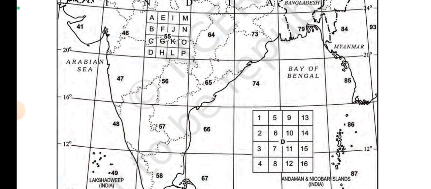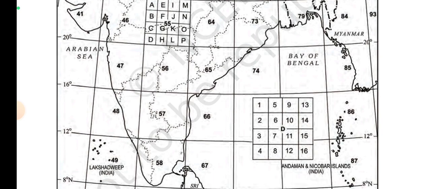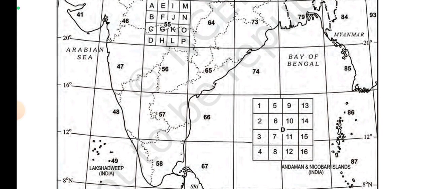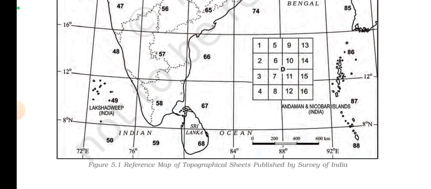Now this A, suppose 15A or 15D, that means 15D is divided, that small square is again divided into 16 squares. You can see 1 to 16.